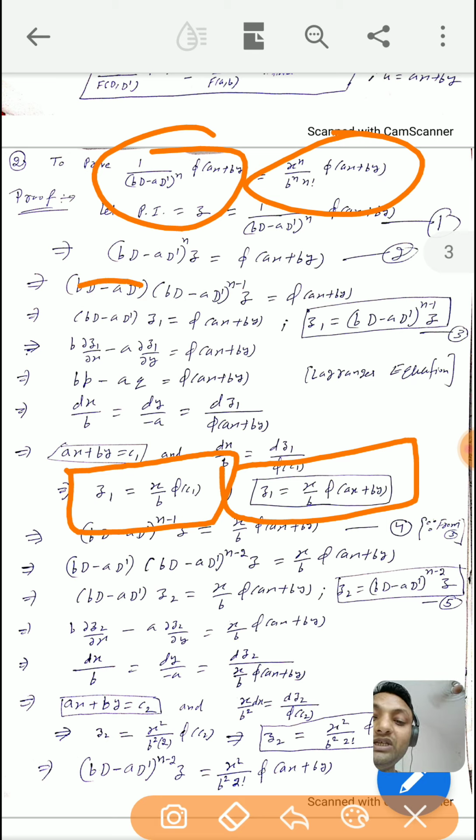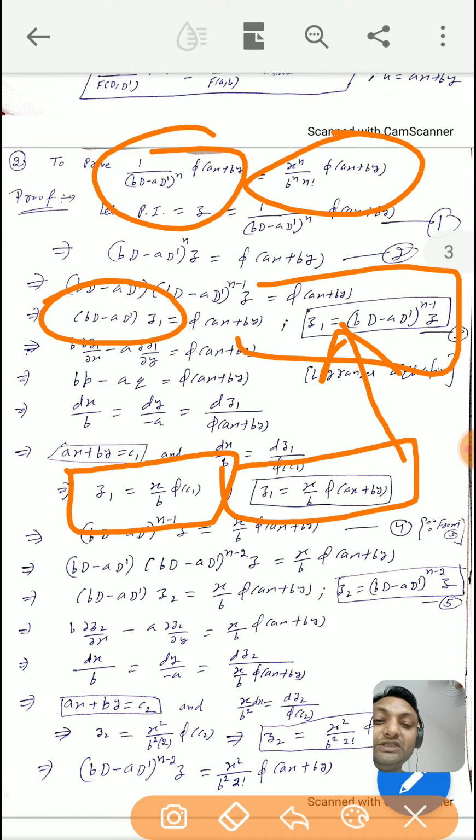Here we have only (BD minus AD dash) operating on Z1 is equal to phi of AX plus BY. So Z1 is equal to X upon B phi of AX plus BY. We will substitute the value of Z1 in equation number 3.